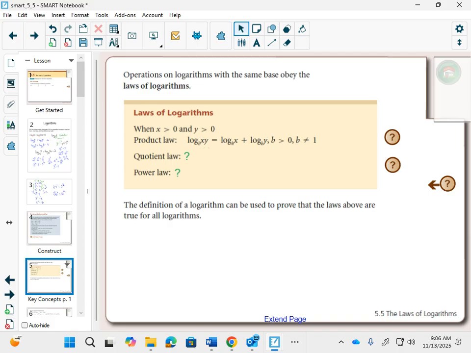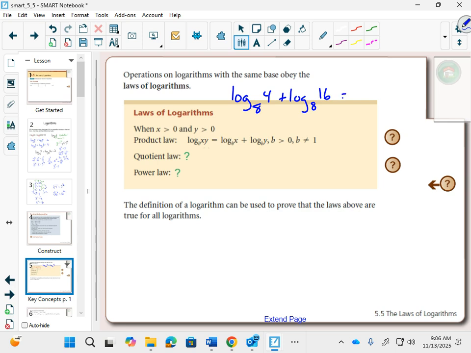So the example that I showed you before, I actually had log 8 of 4 plus log 8 of 16. According to this, we have the right-hand side of the product law. Everything is matching up. The bases are the same, and we're adding two logs with the same base.